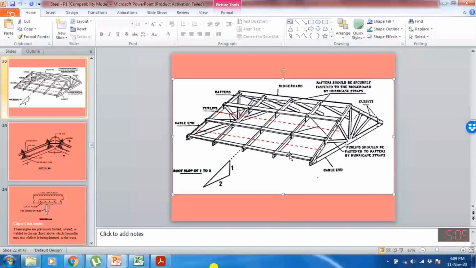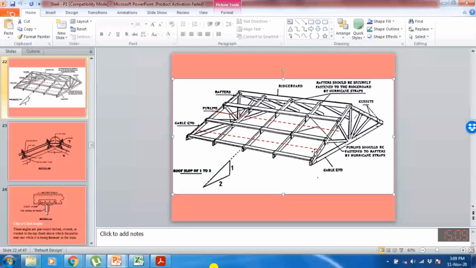So how many purlins are we using? 1, 2, 3, 3 on the other side, and this one, 7. So the total load is multiplied by 7 and then divided by length. If we divide it by length, we are converting this load into a distributed load. Why are we converting into a distributed load?